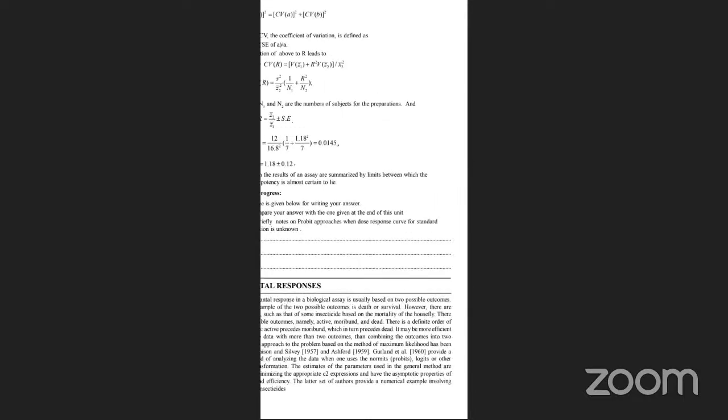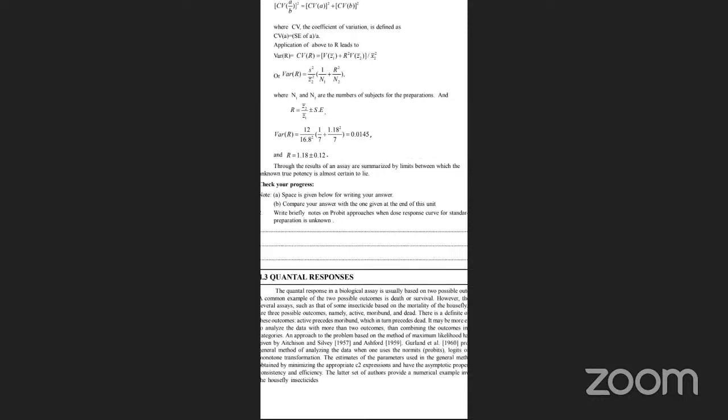An approach to the problem based on the method of maximum likelihood has been given by Aitkin and Silvey, and Ashford and Garland provide a general method of analyzing the data when one uses the numbers, logits, or other monotone transformation. The estimates of the parameters used in the general method are obtained by minimizing the appropriate expressions and have the asymptotic properties of consistency and efficiency.